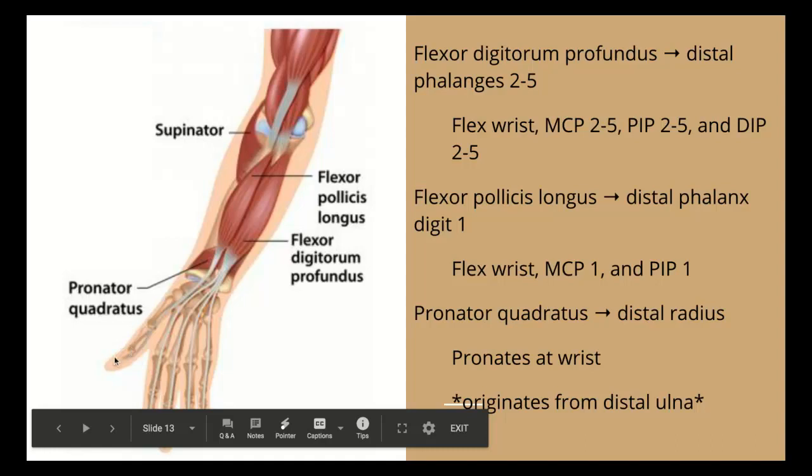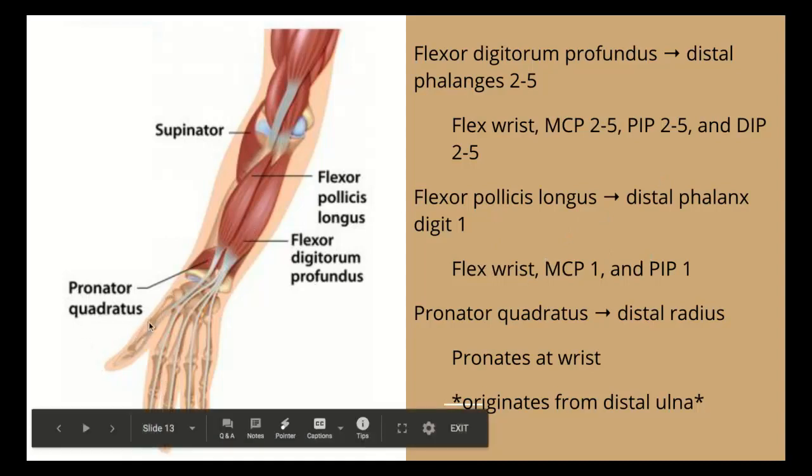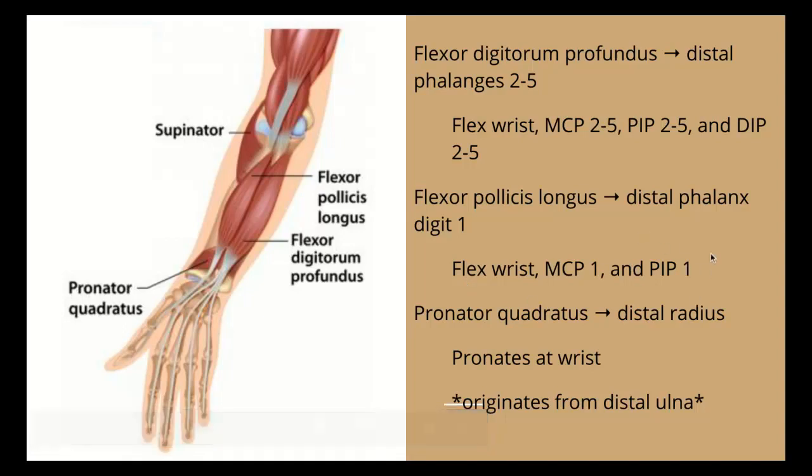It only has the 2 as opposed to all the other fingers that have 3. My apologies. So the action there will be to flex the wrist, to flex at the metacarpal phalangeal joint, which is right there, and then to flex at the proximal interphalangeal joint of the first digit, digit 1. Because remember, there's no distal interphalangeal joint because it doesn't have that many phalanx.